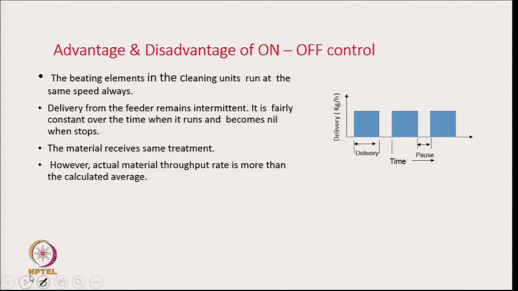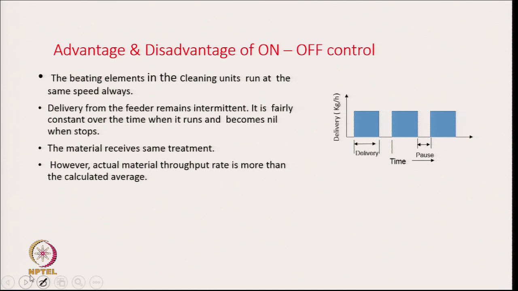But delivery from the feeder remains intermittent. It is fairly constant over the time when it runs and becomes nil when it stops. What happens is that in these opening and cleaning units, though the beating element is continuously running, the feed and delivery is sometimes stopping and sometimes resuming.